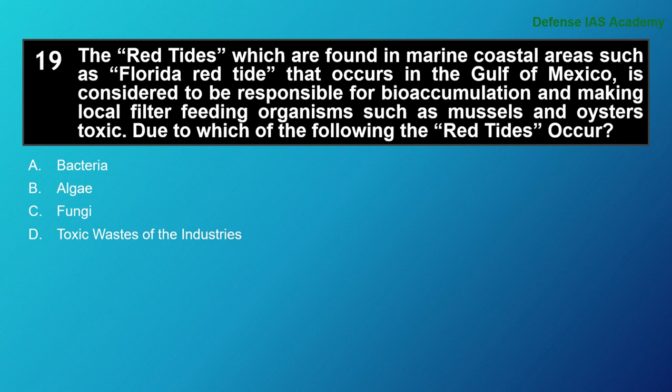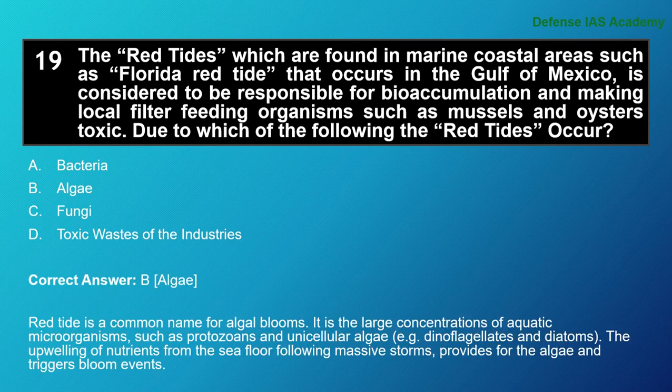Next question. The red tides found in marine coastal areas, such as the Florida red tide that occurs in the Gulf of Mexico, are considered responsible for bioaccumulation and making local filter feeding organisms such as mussels and oysters toxic. Due to which of the following do the red tides occur?